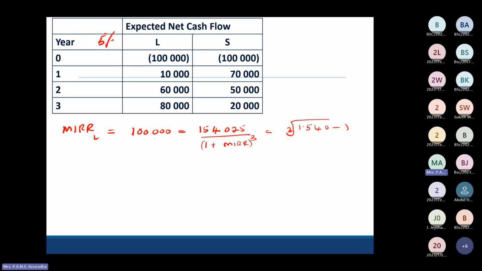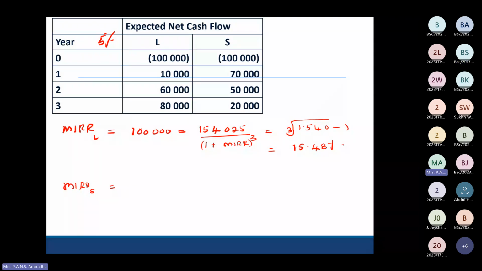Is it 15.48? MIRR is 15.48. So MIRR for the project, is it correct? 15.48? Yes, it is correct.